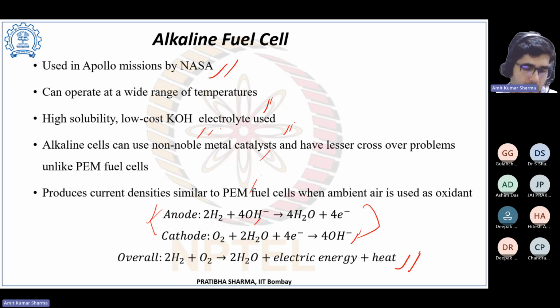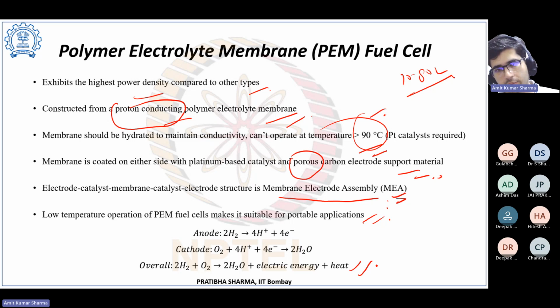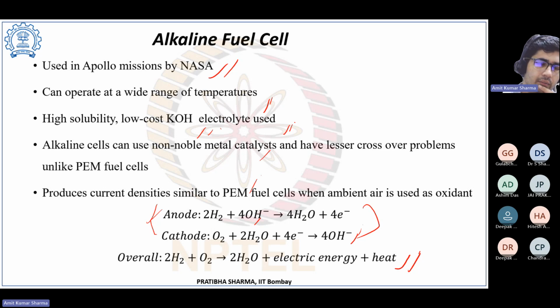Try to observe the very common difference, because you know electrons are transferring through the external circuit. Only the ions are transferring through the electrolyte. In the PEM, hydrogen ion is transferred through the electrolyte, whereas in alkaline, hydroxide ion is transferred through the electrolyte. Yes, this is the major difference.